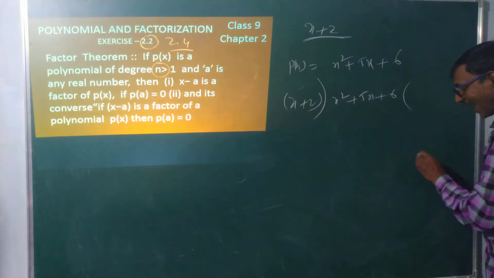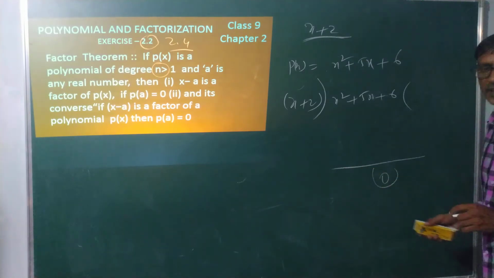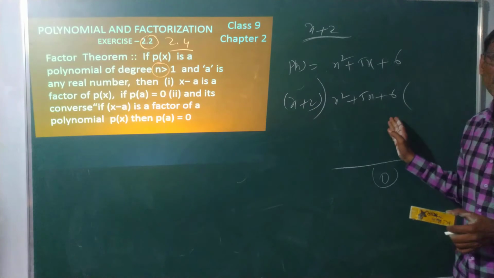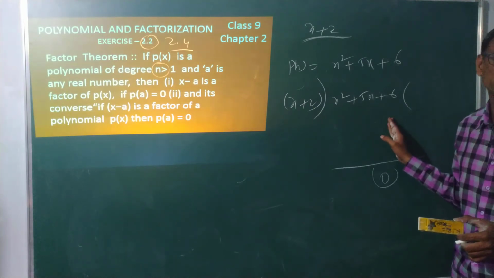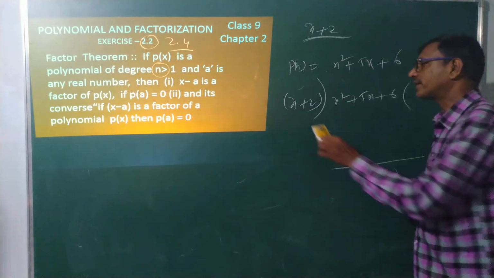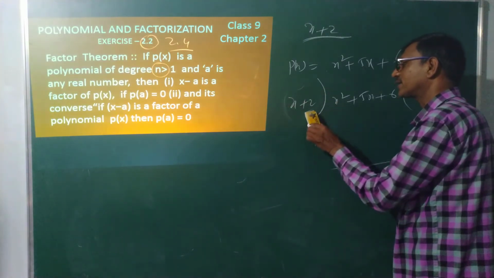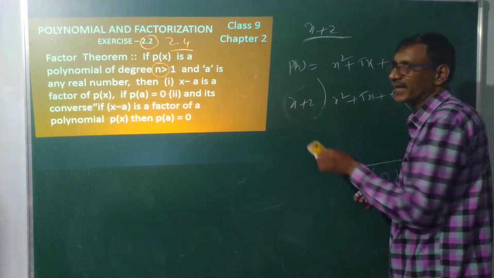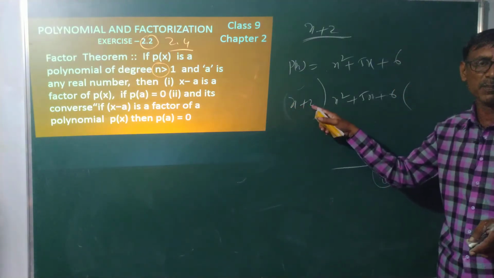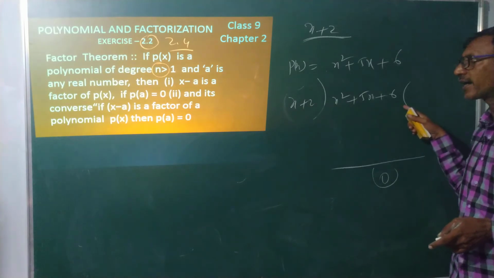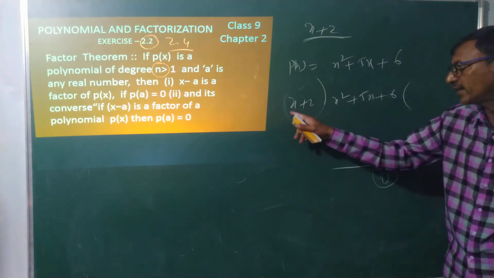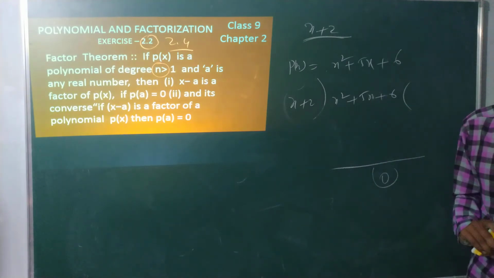If I get remainder 0, then x plus 2 is a factor of x square plus 5x plus 6. We know how to divide this, but I would like to use the remainder theorem. The 0 of this linear polynomial, place it in the given polynomial. If I get 0, then x plus 2 is a factor of this.